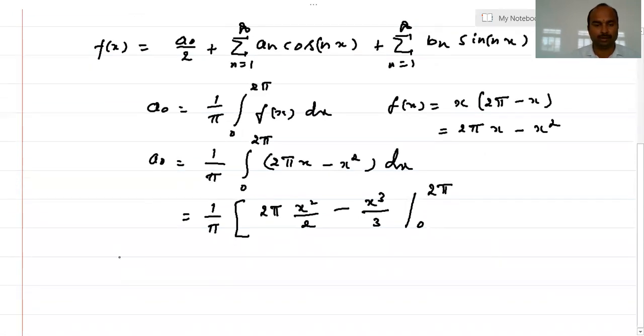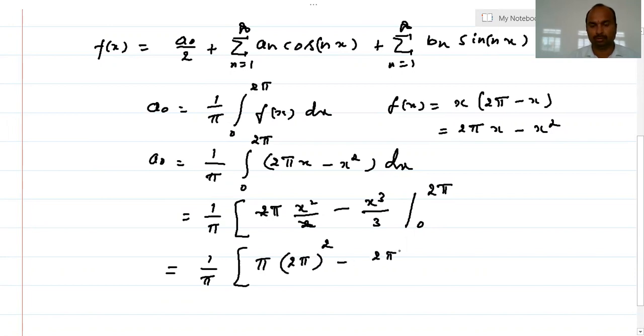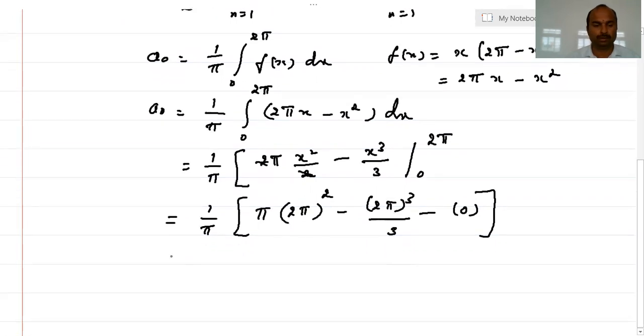First substitute the upper limit, that is 1 by pi into, here 2 gets cancelled, pi into x square, that is 2 pi whole square minus 2 pi whole cube divided by 3, and the lower limit becomes 0 because the lower limit is 0. Here also x, here also x, both the terms become 0. So the lower limit is 0.